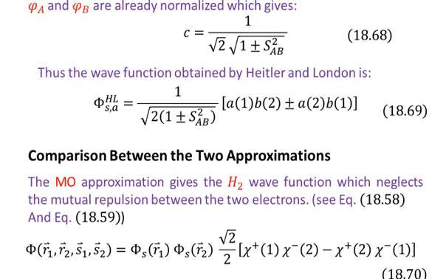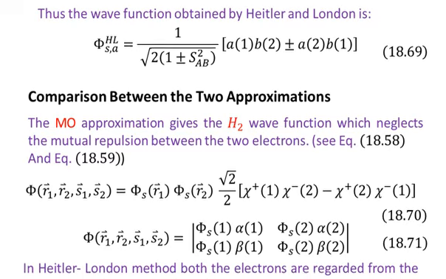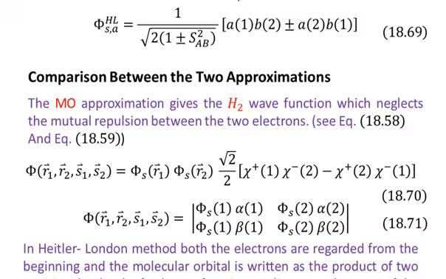That's why these are called the two approximations, molecular orbital and Heitler-London. Let's compare the two approximations. After comparison, we shall suggest some improvements in the two approximations, and we shall see that the improvement in the two approximations will yield nearly identical results.